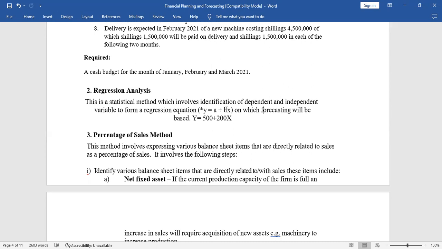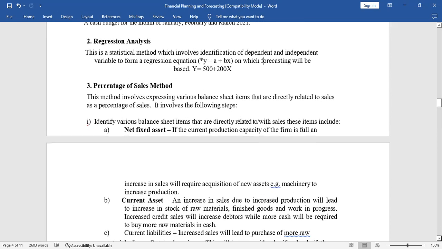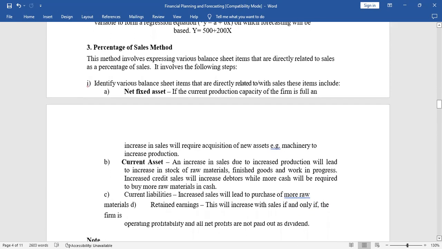So I want us to look at the third one, which is the percentage of sales method. The percentage of sales method involves expressing the various balance sheet items that are directly related to sales as a percentage of sales. If you recall the common size method, when you are trying to look at how we analyze the company's situation, one of the techniques was common size.